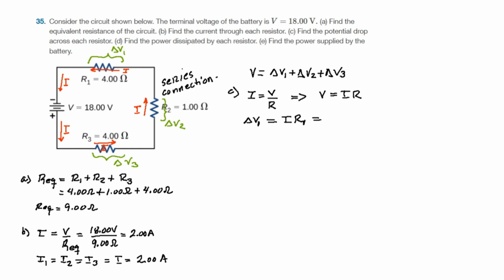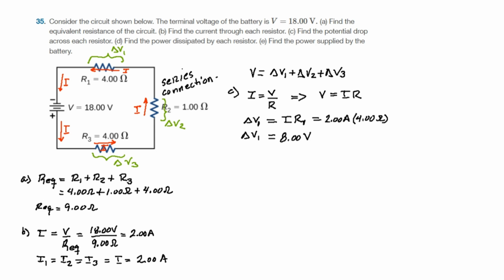What is the current I? 2 amperes times 4 ohms. So delta V1 would be 2 times 4, 8 volts.